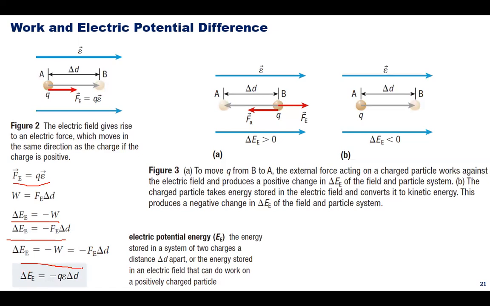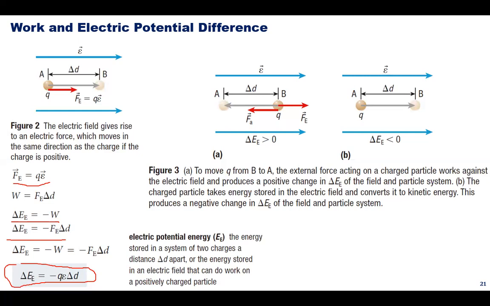Therefore, delta E can be expressed as negative Q epsilon times delta D. So this equation gives the change in the potential energy as the charge moves through a displacement delta D in the region where the electric field is parallel to the displacement. Note that the change in the potential energy depends on the starting and ending locations, but not the path taken. In figure 2, the displacement is along a line, but the charge may move from A to B along many other paths without affecting delta E.